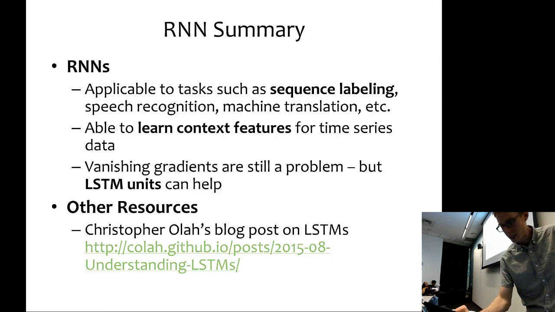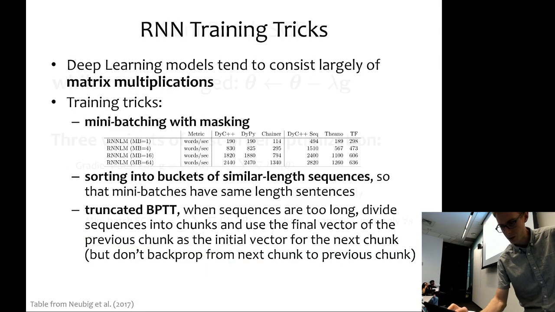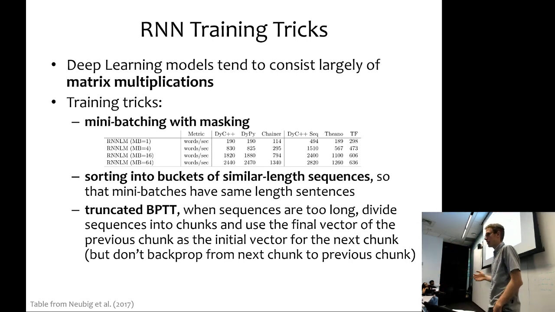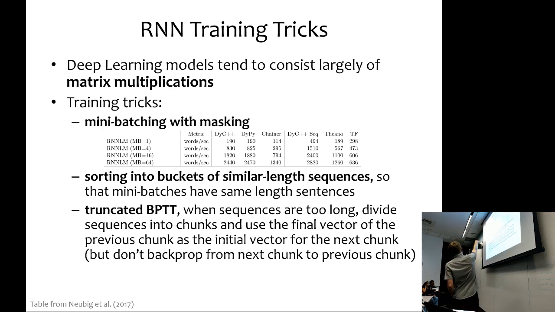So here, what we're looking at are some results on RNN-LMs, and we'll talk about recurrent neural net language models in just a moment, but they're just a flavor of RNN. In this table, each column corresponds to a different deep learning toolkit, and the rows correspond to the same model but with different sizes for the mini batch.